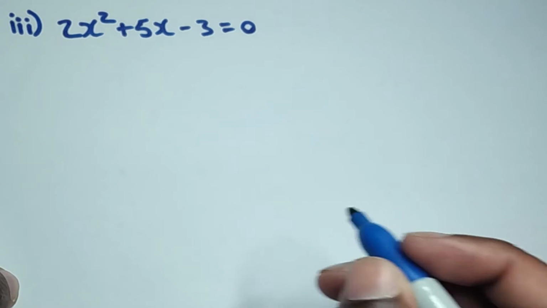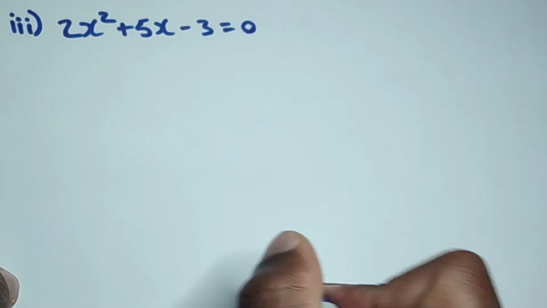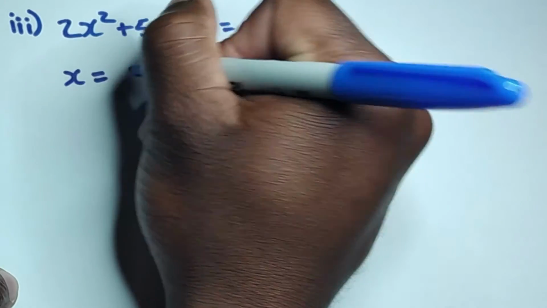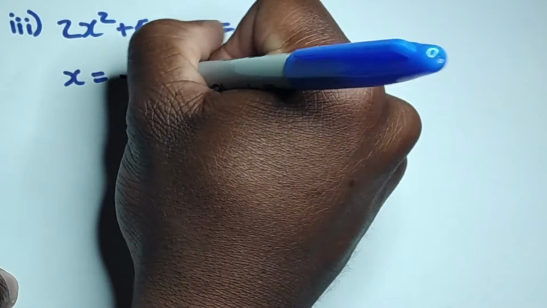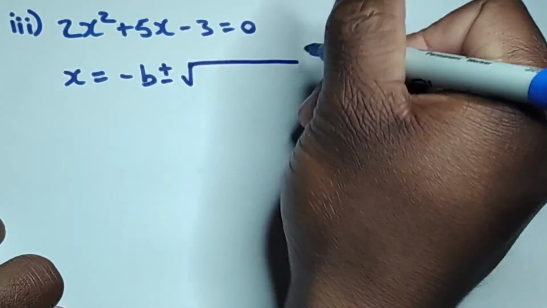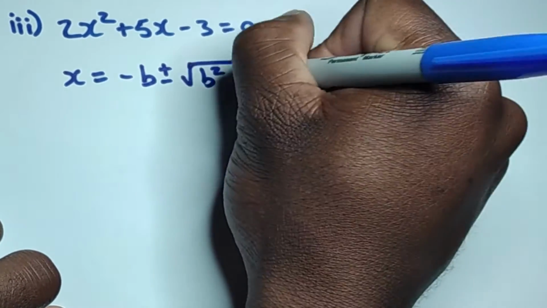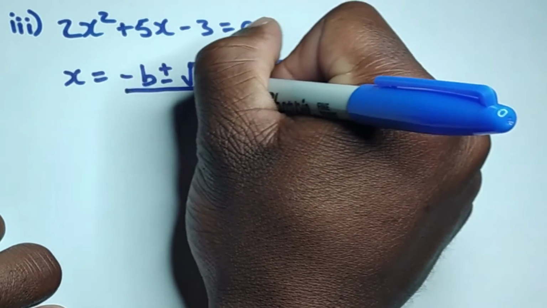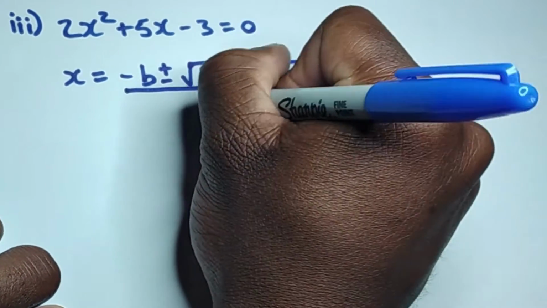So first up, I'll use the quadratic formula. Recall the quadratic formula: x is equal to minus b plus or minus the square root of b squared minus 4ac, all over 2a.